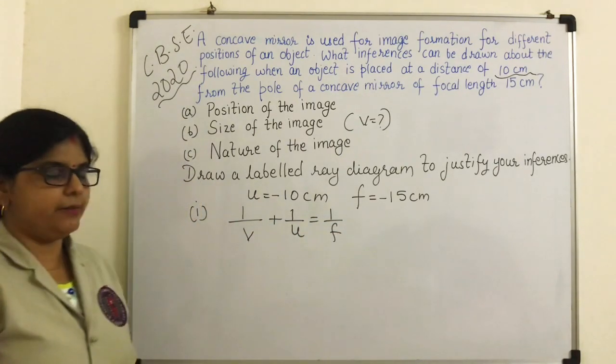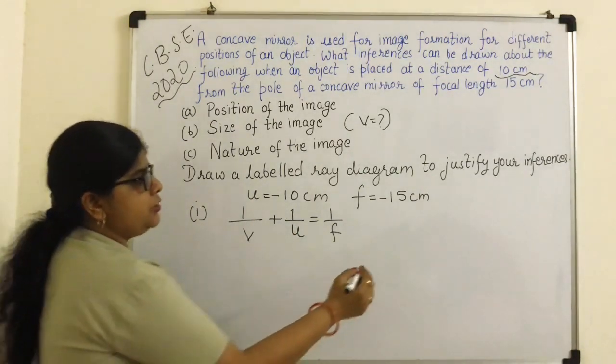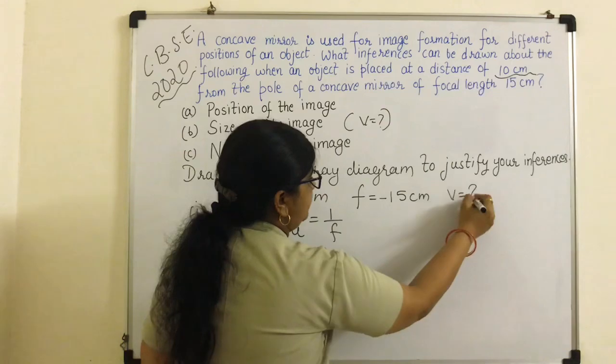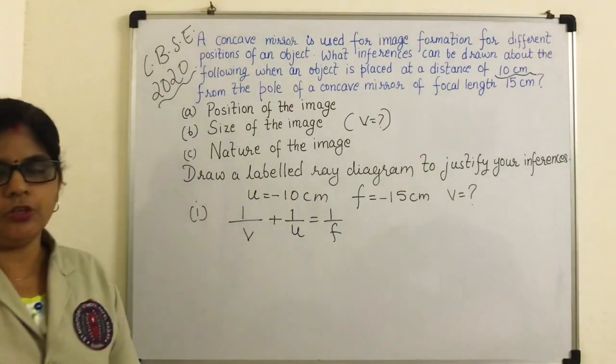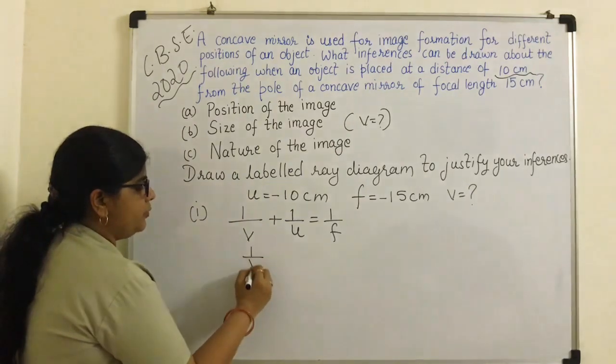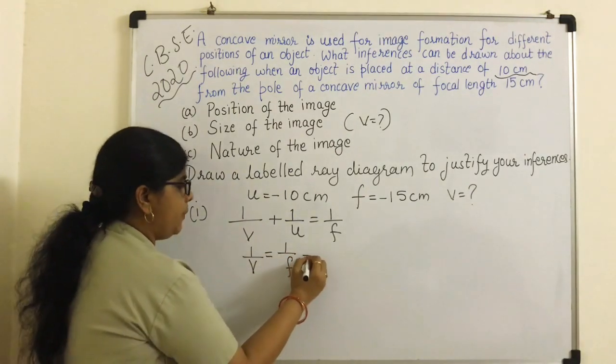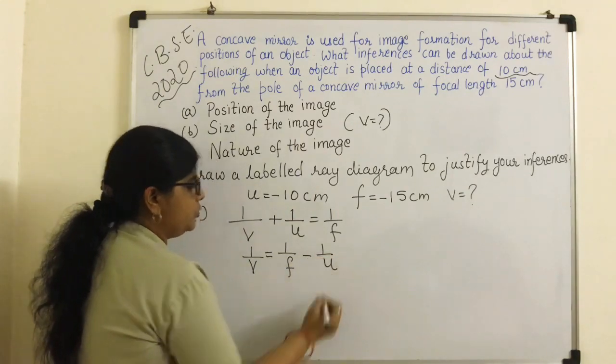Very simple it is, right? So next step, what are we supposed to find out? We need to find out the image distance or position of the image. So what will be 1 by v? 1 by v equals 1 by f minus 1 by u, right?